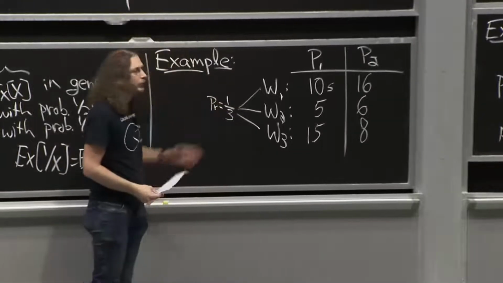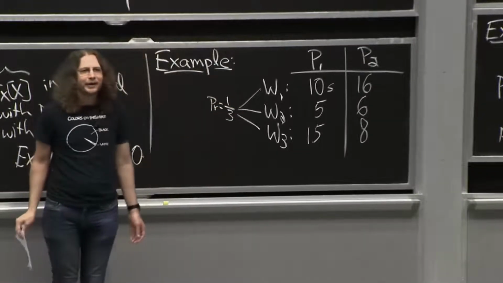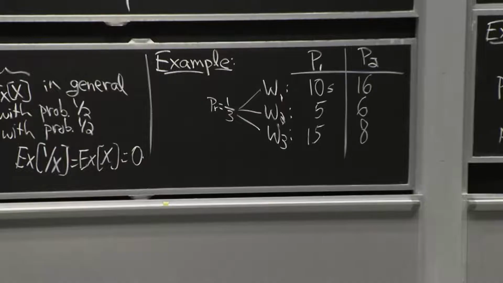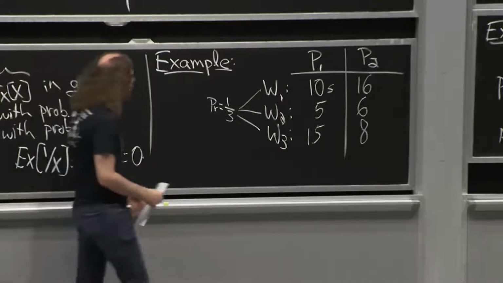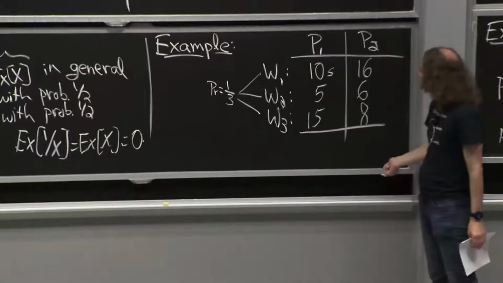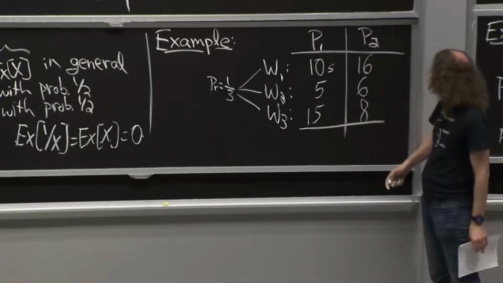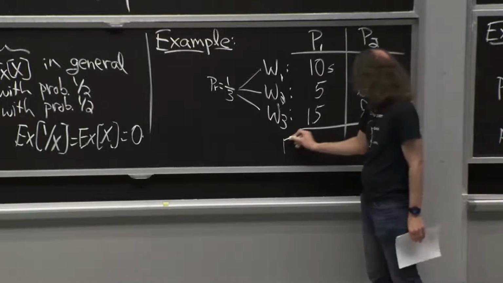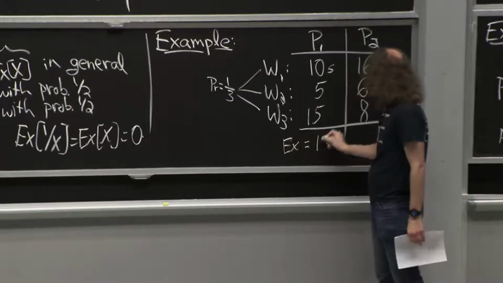And you want to know which one is better. And this is one of those things where you think, well, either I should take the expectation of the ratios, or I should take the ratio of the expectations. Let's compute the expectations individually first. So if I add these up, I get 30. There's 3 of them. So the expectation is 10.